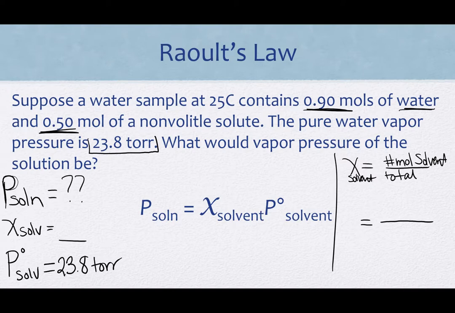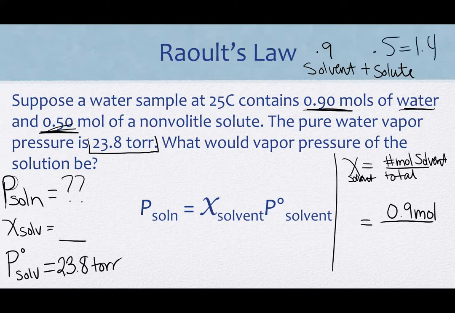Solvent is always the number in greatest proportion. So water is our solvent. So we're going to put 0.9 moles up here. Okay. And then the bottom is the total number. So that's going to be solvent plus solute. So that's going to be 0.9 plus 0.5. Okay. So the total is 1.4 moles on the bottom.